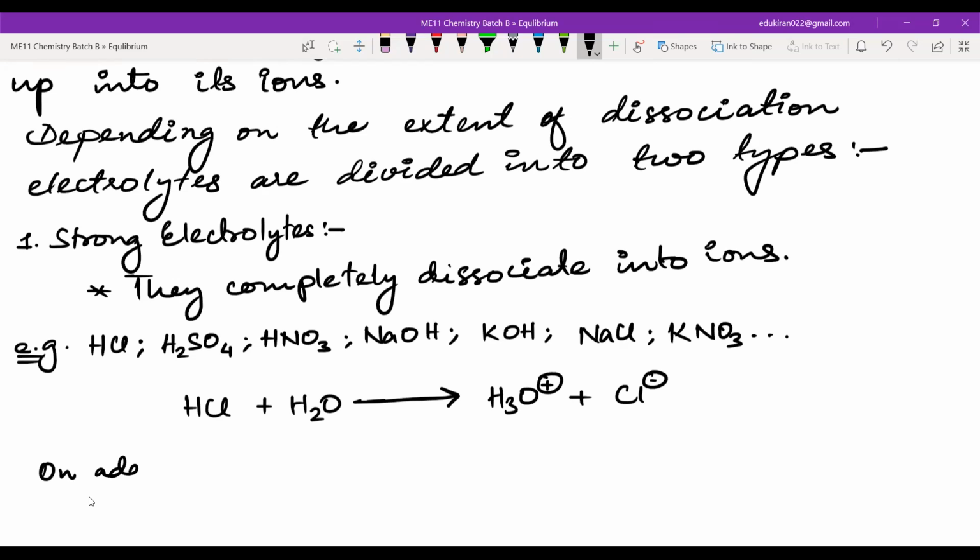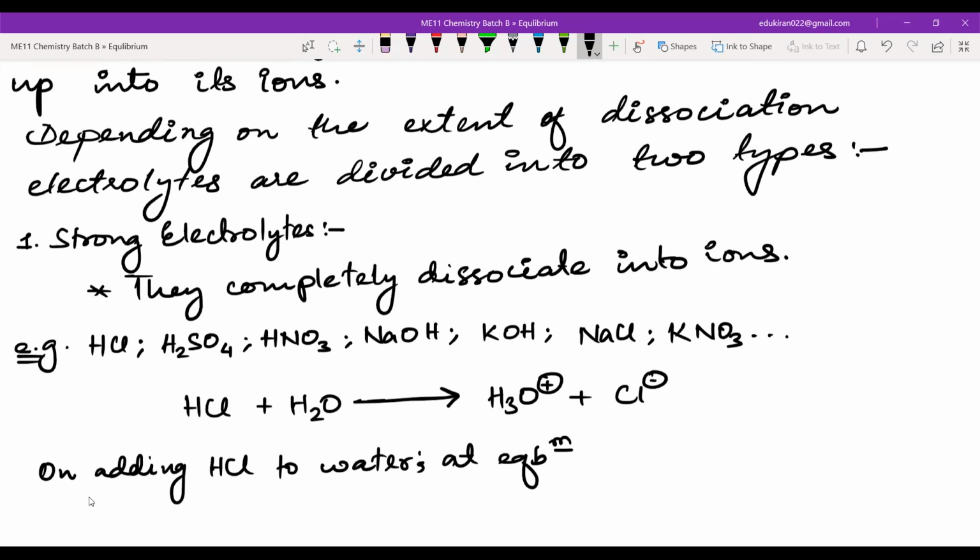On adding HCl to water, at equilibrium. At equilibrium means after a very long time, when whatever change was happening has stopped. We don't see any considerable change happening.